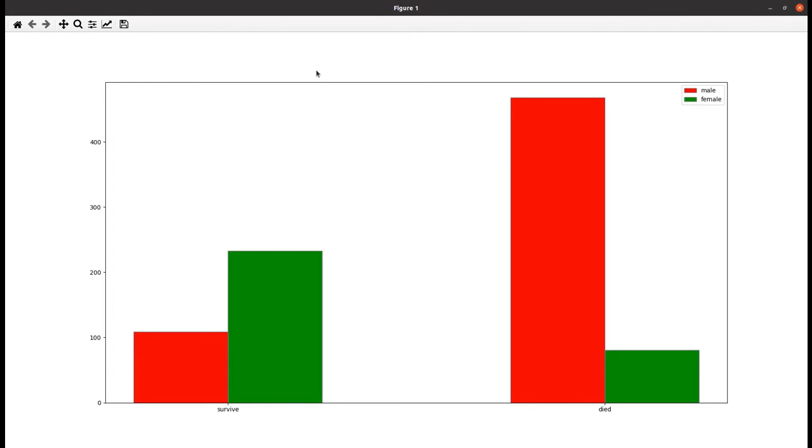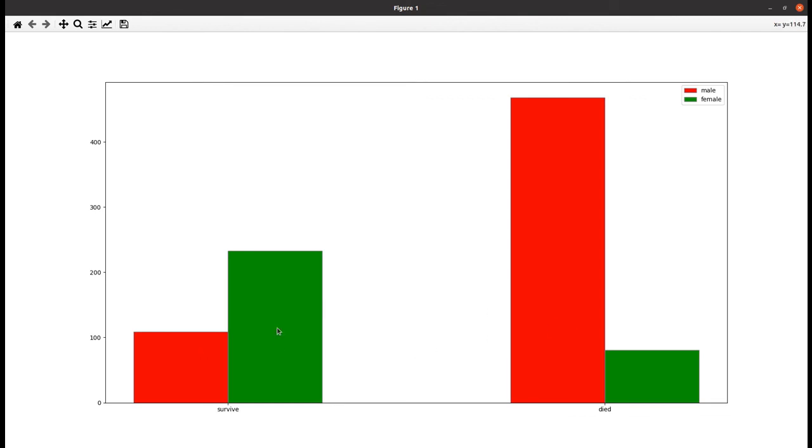Here, as you can see, the percentage of male die is a few times bigger than female die, and the survivability of female survive is, I think, around 2 times that of male survive.